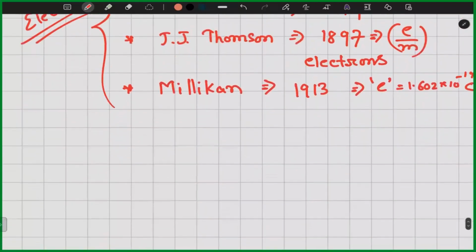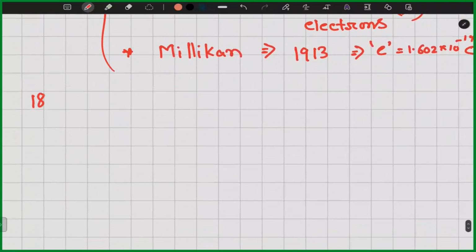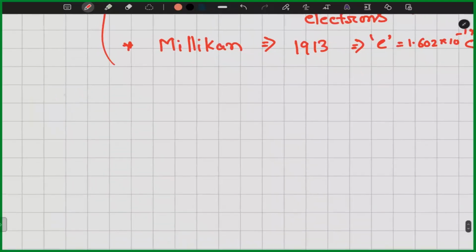And simultaneously, in that contemporary period, because the timelines are not strictly mentioned, there was Hertz's experiment in 1887.